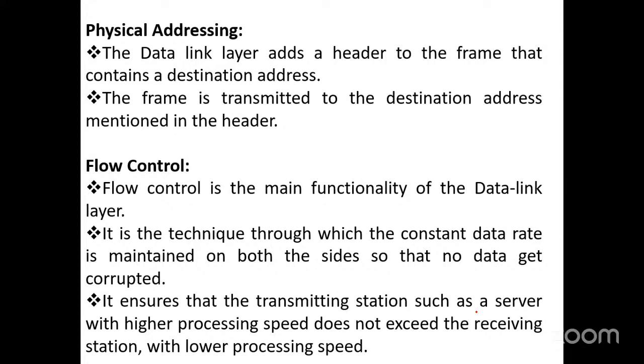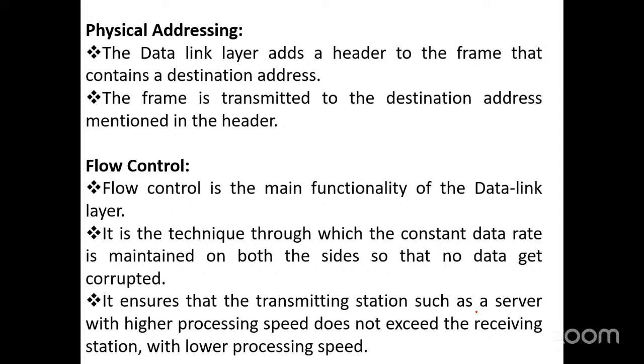Next functionality is flow control. Flow control is the main functionality of the data link layer. It is a technique through which a constant data rate is maintained. This is the important part. A constant data rate is maintained on both sides so that no data gets corrupted. For example, we have a source and destination, or sender and receiver.